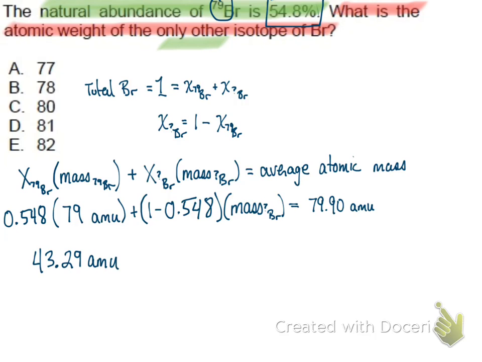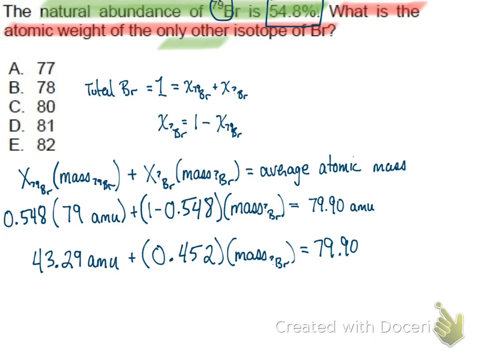At the same time, we can work out 1 minus 0.548. That's just going to be equal to 0.452. We still keep this mass of our unknown bromine.